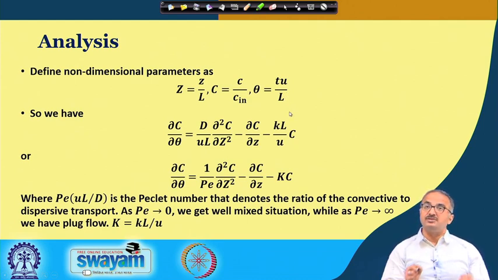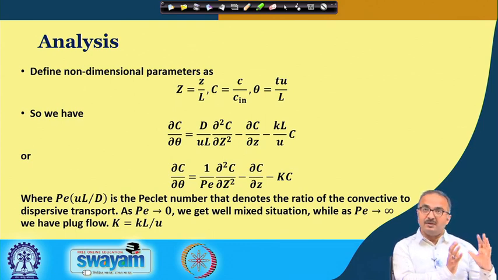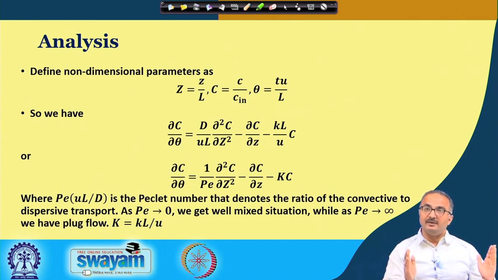This L by u is nothing but the time it takes for one volume of water to traverse from 0 to L. That is how we get this characteristic time, and with it we define the non-dimensional time theta. Incidentally, you can see that capital Z and capital C are both normalized.